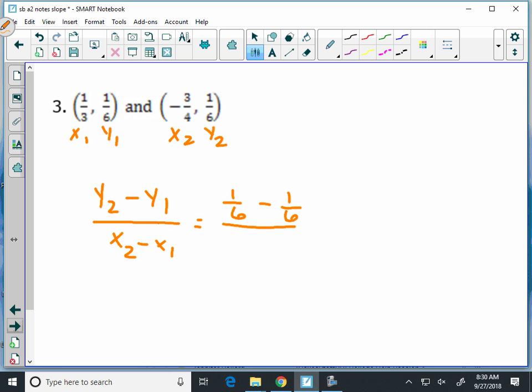Andrew, what's our bottom going to look like? So when we clean this up, what's 1/6 minus 1/6? 0. And you might have to use your calculator for this one. What's negative 3 over 4 minus 1/3? That's a fraction. A proper fraction. What do we get?